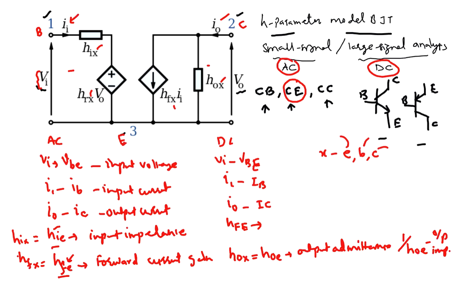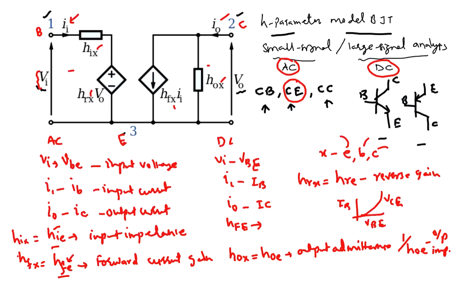Now there is HRX actually, which is then HRE. This is the reverse gain of the transistor, which is basically a representation of your IB versus VBE characteristics for a given value of VCE, right?